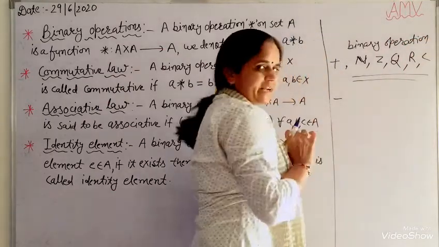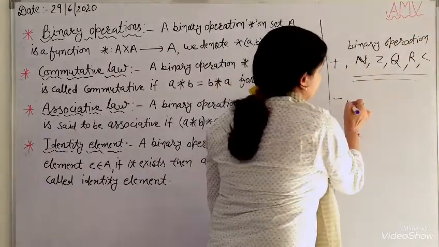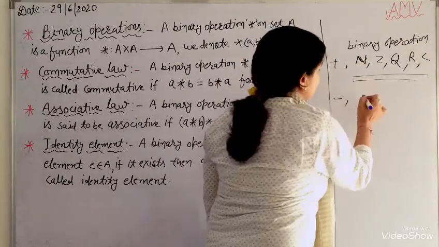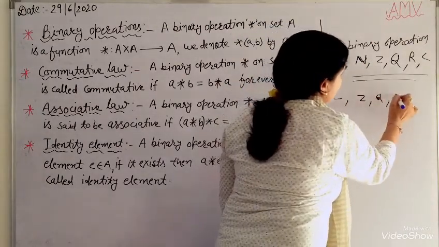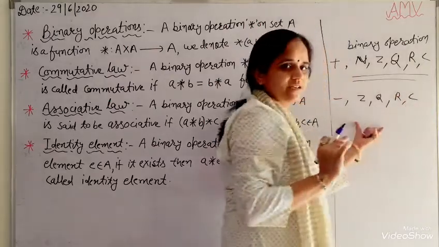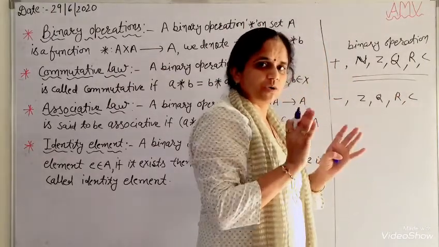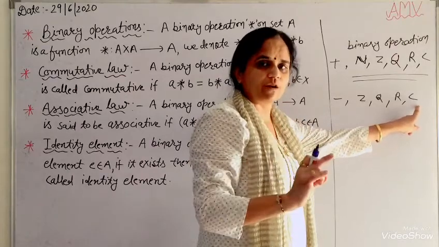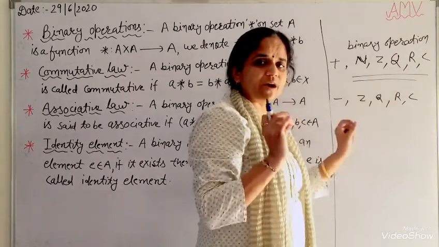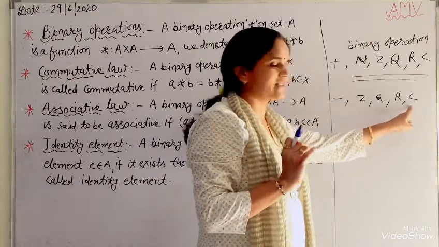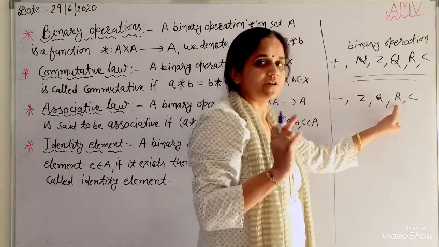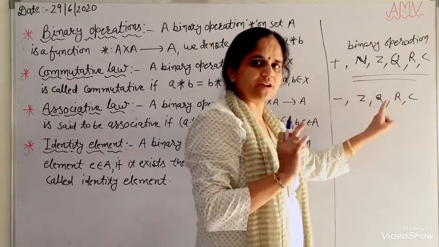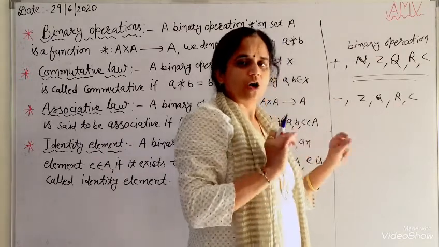Now for subtraction, students, N is not, only Z, Q, R and C. If we subtract two elements from the complex numbers, then also it is a complex number. So it is a binary operation in the complex numbers also. R is for real numbers, students. So for the real numbers also it is a binary operation.